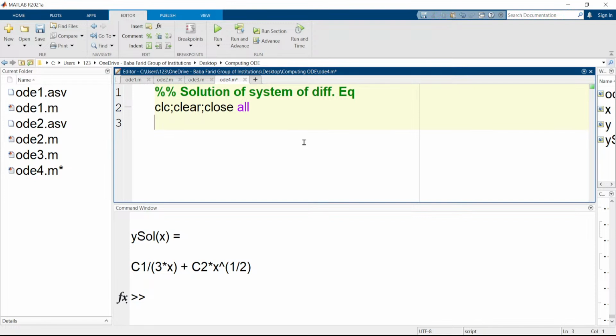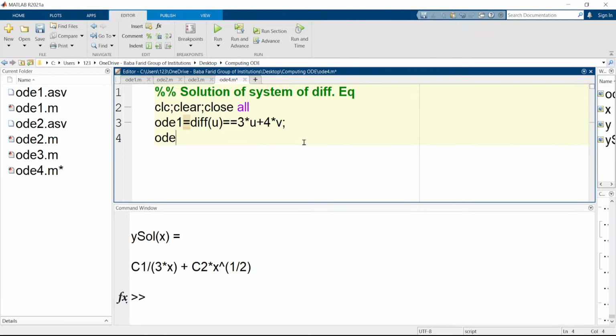First, we need to insert the very first statement. ODE1 is equal to diff u is equal to 3u, 3 product u, plus we have 4v. This is the first statement, and suppress it.